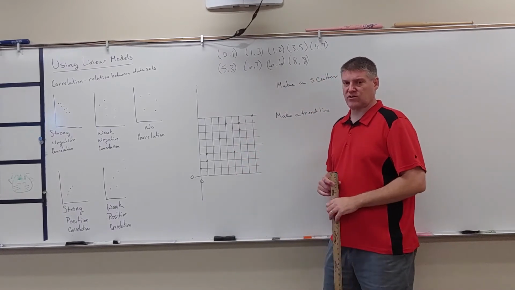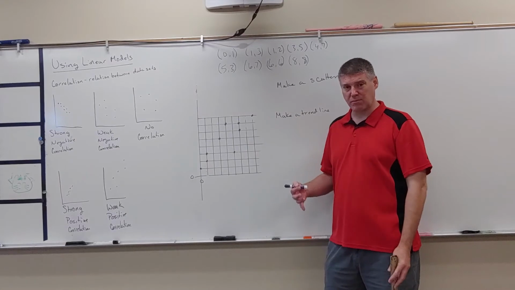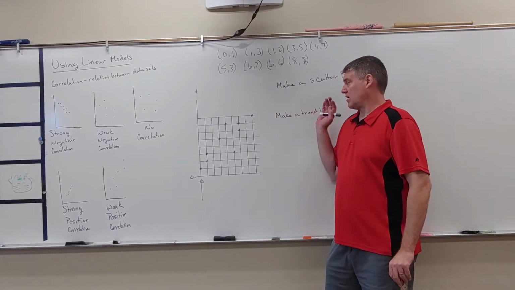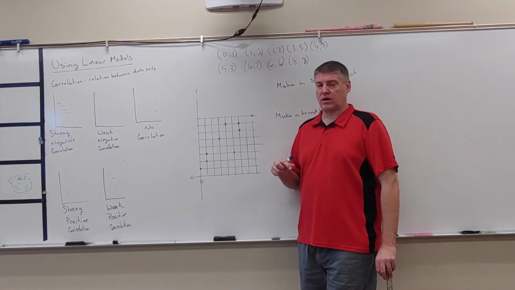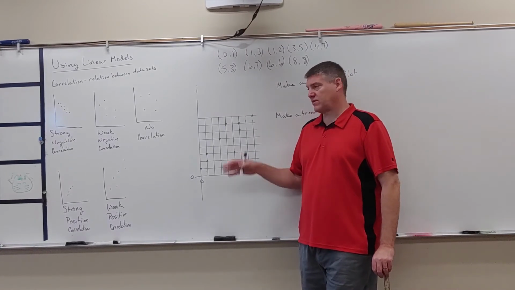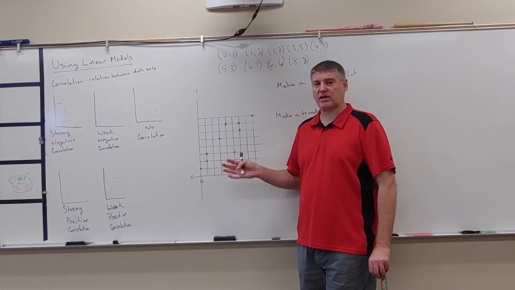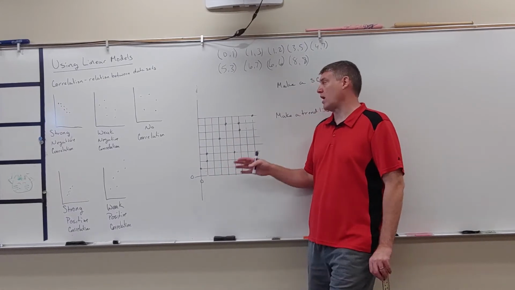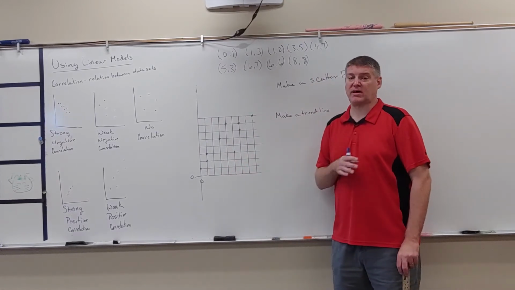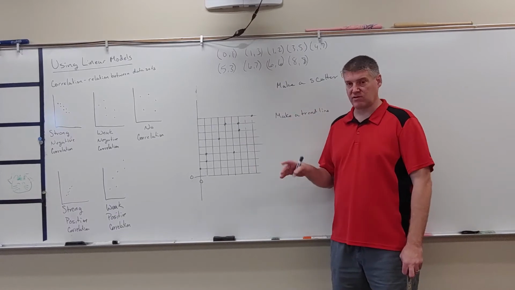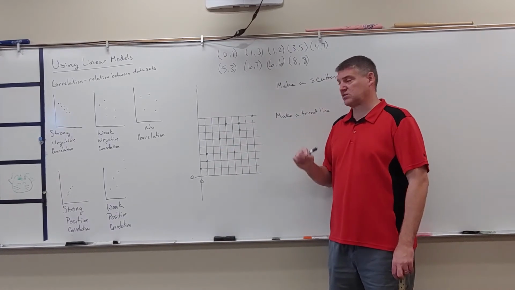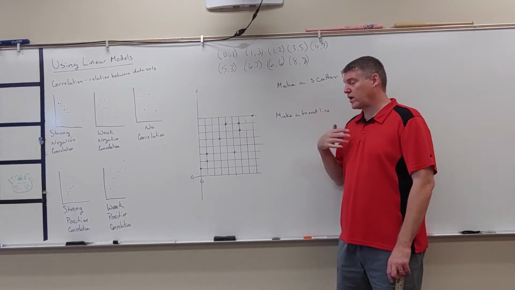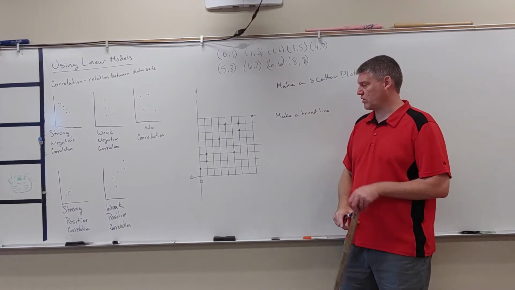We're just going to do a hands-on approach to this. If you were going to do this for research, you're not going to do it by hand. You're going to use a computer program and find the line of best fit. It's going to give you the line where all these distances are the smallest. We are doing it by hand, so we're doing it a little bit roughly.